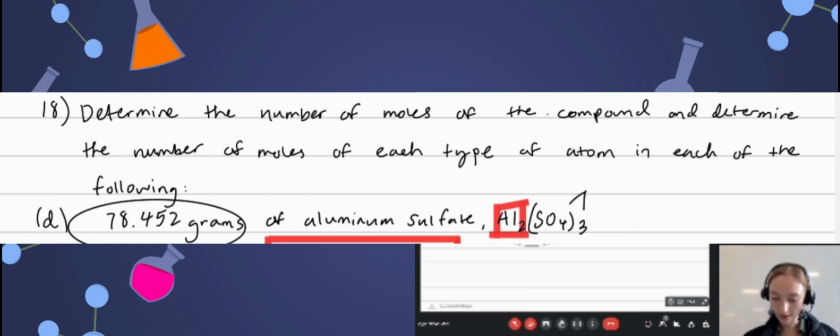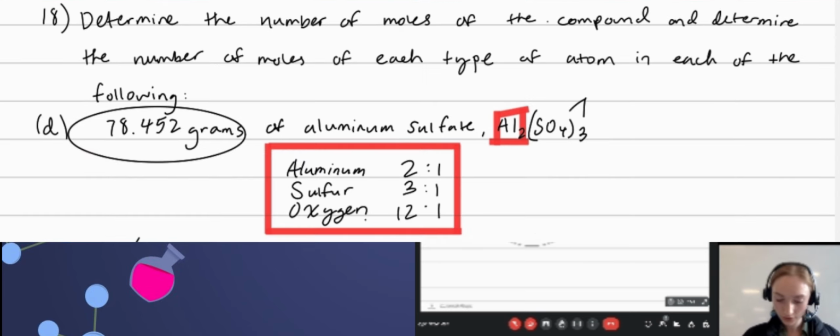So in this compound we have 2 aluminum right there. So we have a 2-to-1 ratio for the aluminum. And for the sulfate here, we have 3 times each one of the amount of atoms in sulfate.